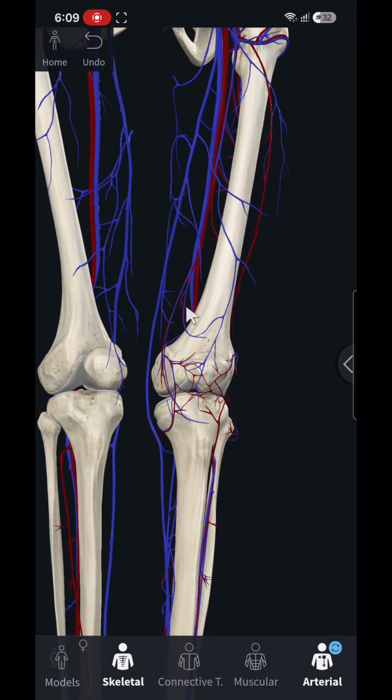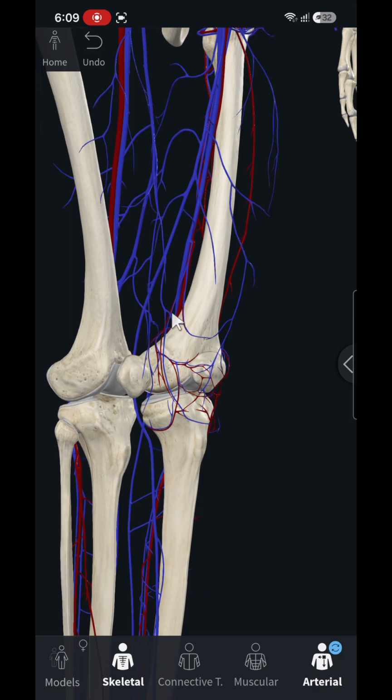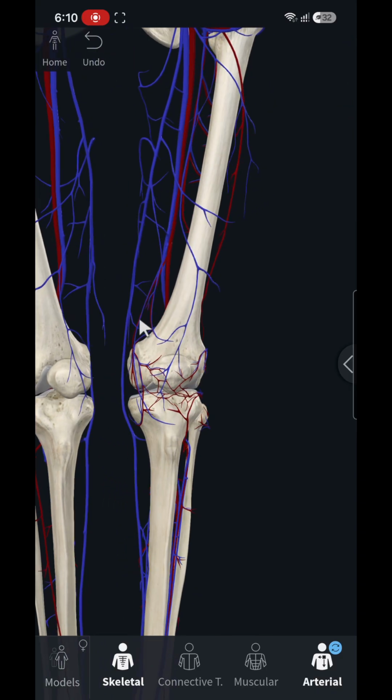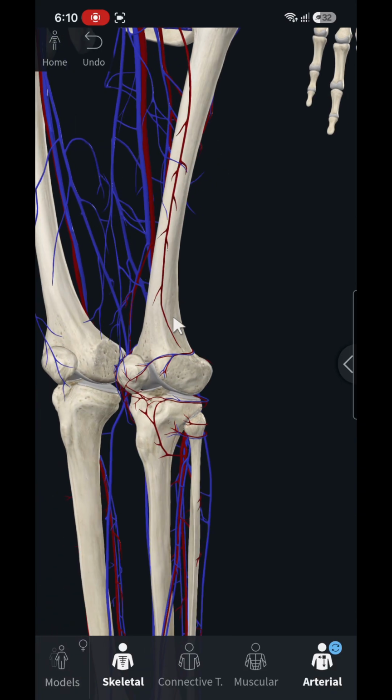So it's very hard to compress the femoral artery and femoral veins right here, because as you can see it's very deep. If you compress with the probe here medially, it's very hard to get to the femoral vein to compress it on the bone.